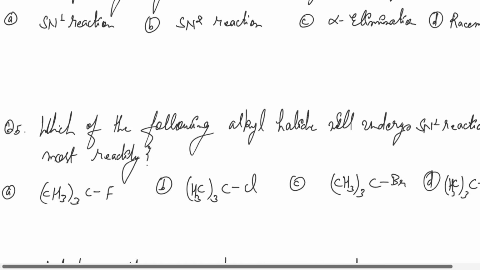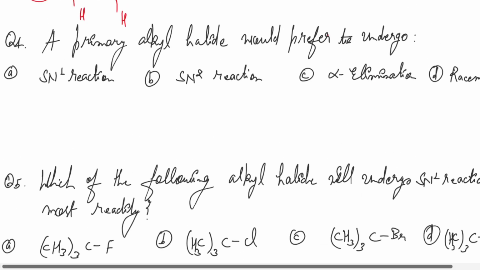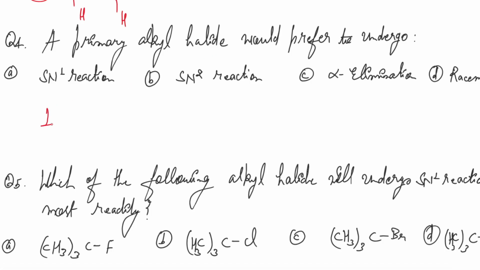Question number 4. A primary alkyl halide would prefer to undergo what? So this is the primary alkyl halide, 1 degree alkyl halide, right? If you see the SN1 and SN2 reactions, what is the difference between these?